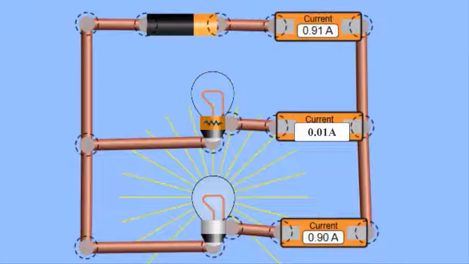What can you conclude? What is the relation between the intensity of the current of the dry cell and that of the lamps?